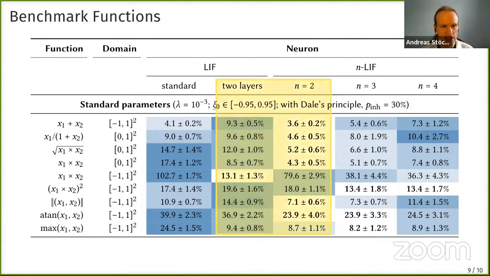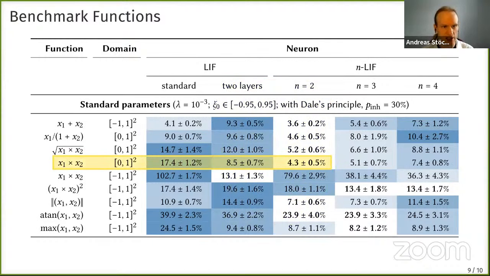The interesting takeaway is that for most of these benchmark functions, the two-compartment neuron actually outperforms our network that consists of two layers. The reason being that actually realizing a good two-dimensional function basis in this intermediate population, at least in a spiking neural network where we have to deal with a lot of noise, is really hard.